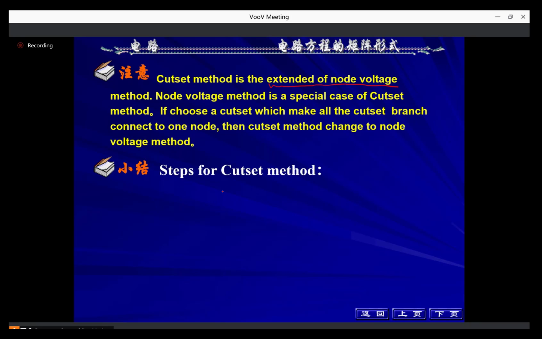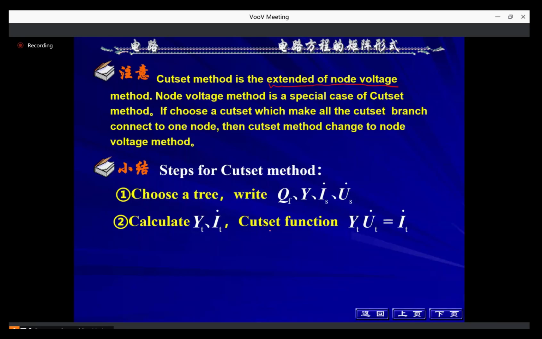Steps for the cut set method. Step 1. Choose a tree, write QF, Y, IS, US. Step 2. Calculate the YT, IT, and get the cut set function YT UT equal to IT.